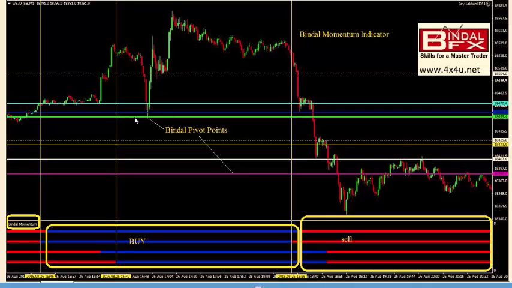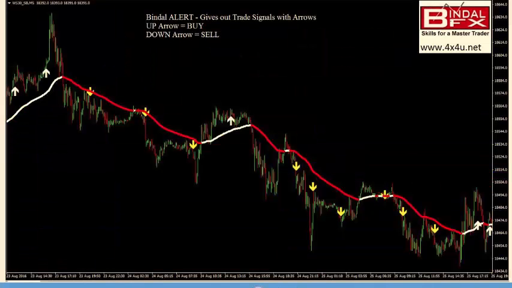We have the green pivot, and the yellow and magenta. These are very powerful, especially the green one. Our video tutorials show you a step-by-step guide on how to use the pivot points.